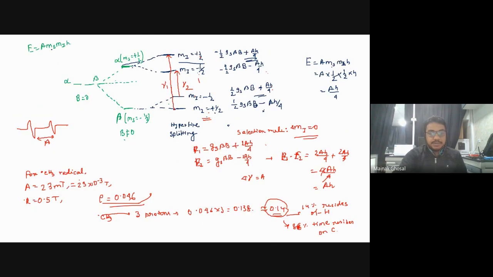And then the geometry was discussed, which one could be the geometry for this radical. Two geometries were predicted. This is called planar geometry.